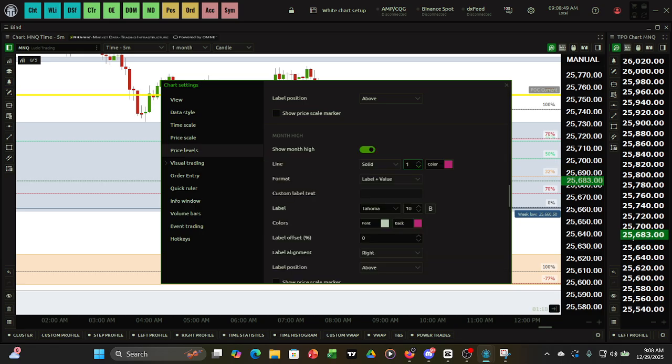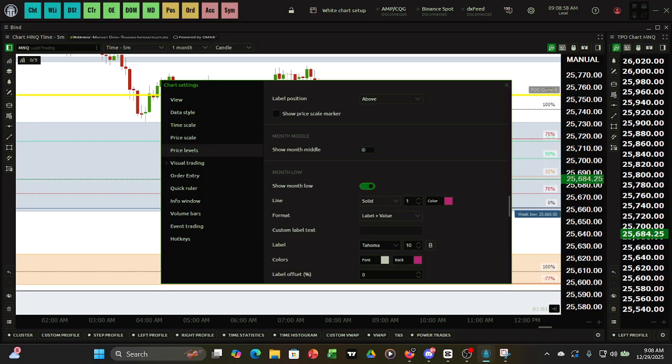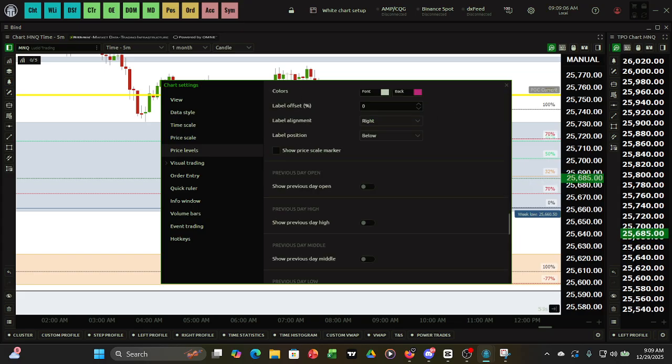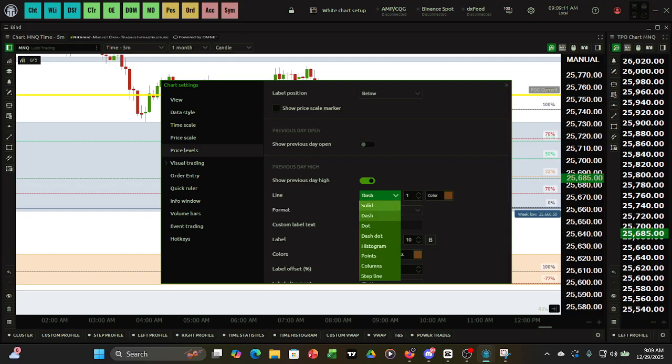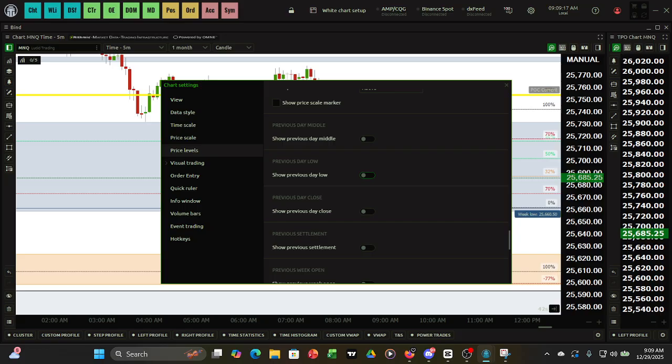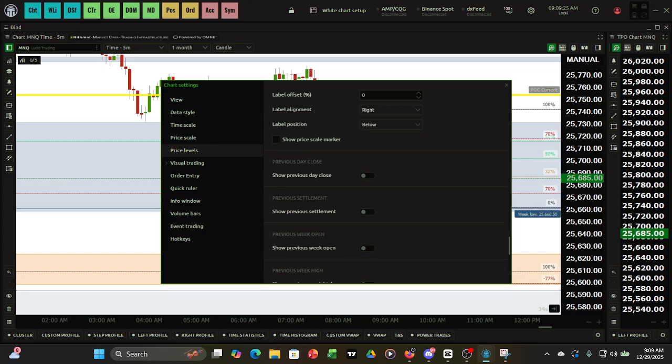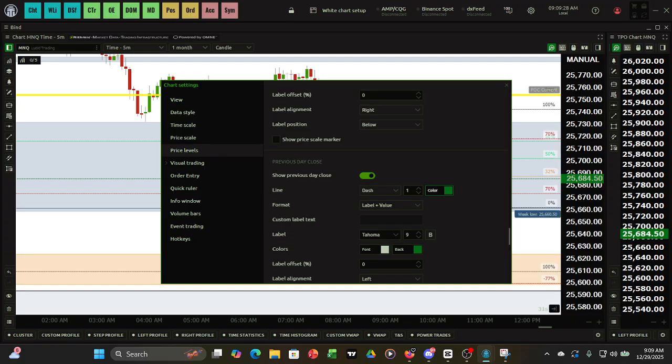Month high. Month low. Previous day high. Previous day low. Previous day close.